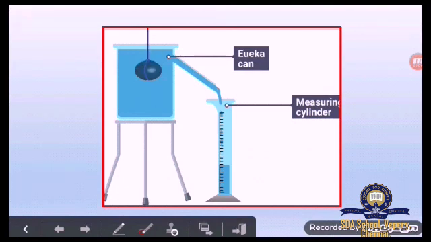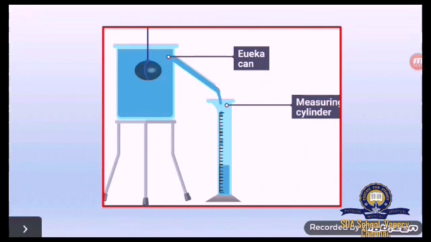This is the Eureka can. You can see that it also has a spout, right? When we immerse the object into the water, what happens? The water level rises. Before immersing the object, we have to fill the water up to the level of the spout. Okay?